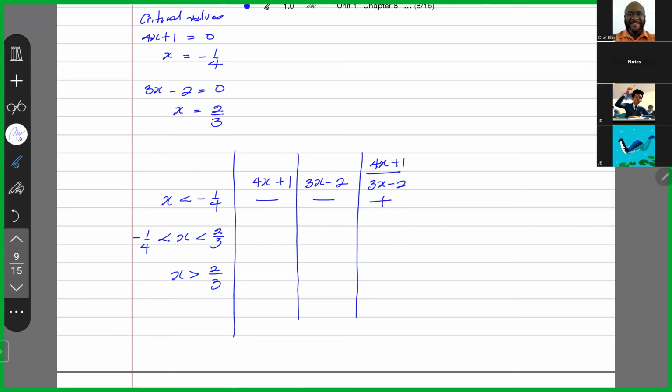If x is less than 2/3 but greater than minus a quarter, for example, if x is 0, 4x + 1 would be positive, 3x - 2 would be negative, and a positive divided by a negative is a negative. If x is greater than 2/3, for example, if x is 1, 4x + 1 would come out positive, 3x - 2 would be positive, and a positive divided by a positive is a positive.